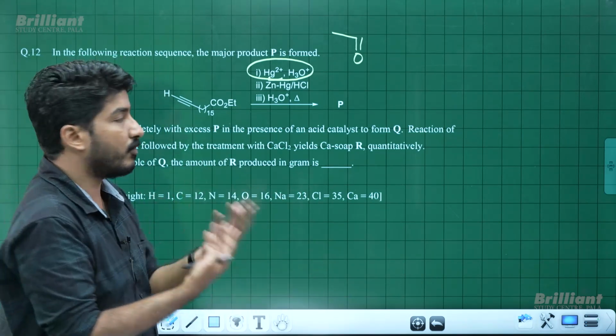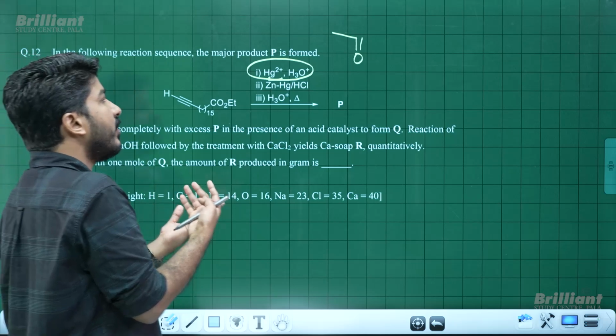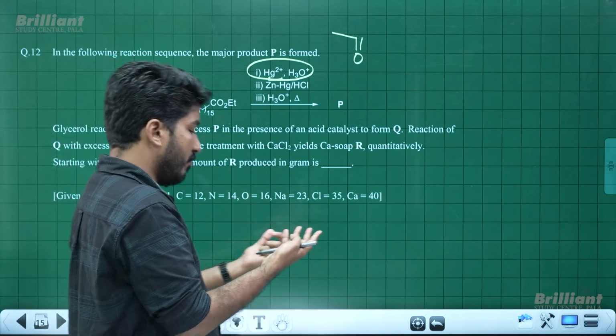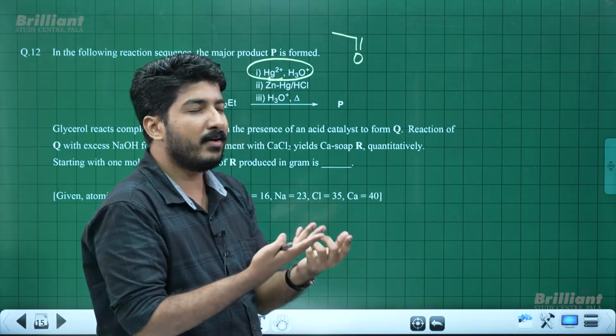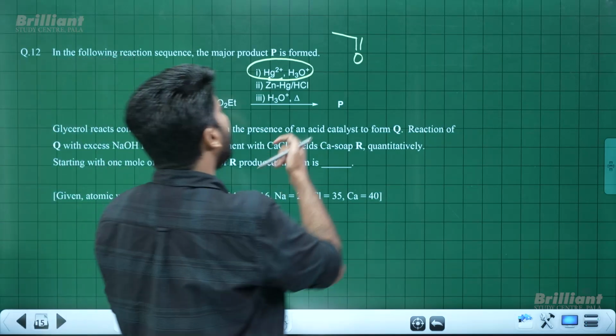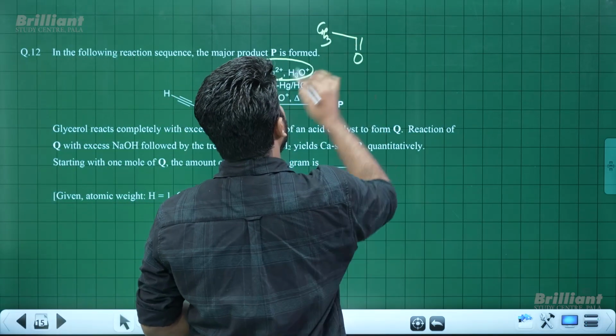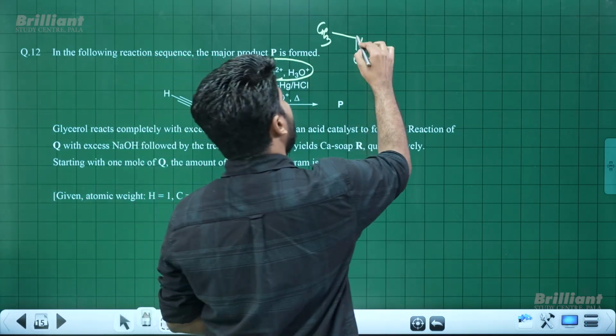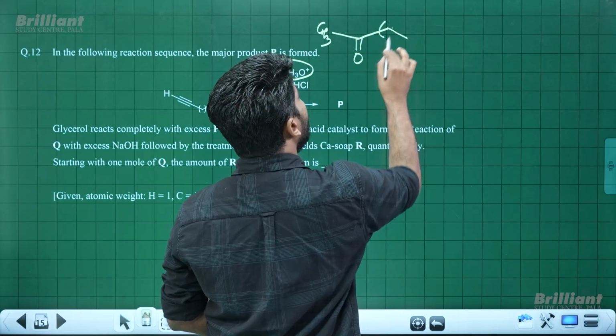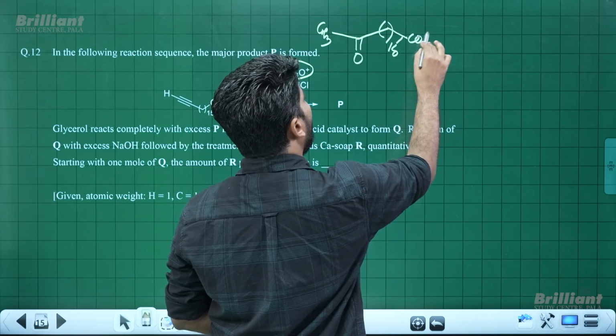The major product will be a ketone. So that is why we call it Markovnikov addition of H2O on alkynes. So the final product will be CH3 of the first step only, CO, then 15 methylene groups, COOEt.